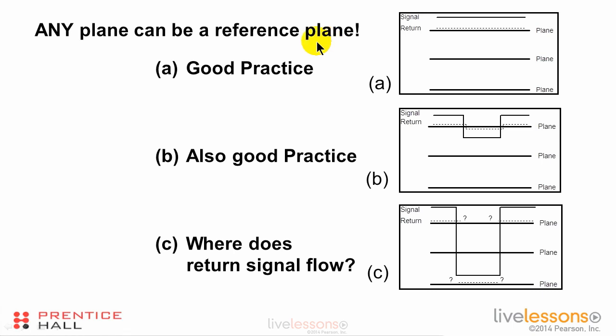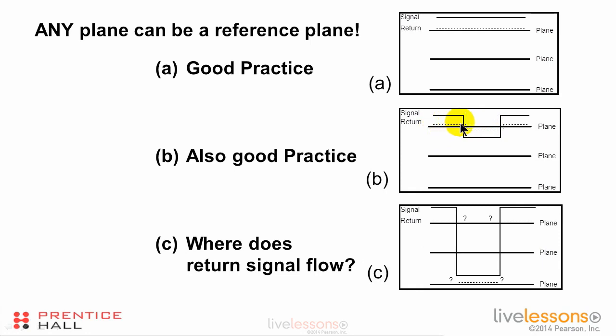So any plane can be a reference plane, and then we can ask the question, well, what happens if, in this case, we have a signal above a plane? That's fine. The return is on that plane. But what happens if we transition to another trace layer? Well, if the trace layer is on the opposite side of the same plane, well, then that's pretty straightforward.